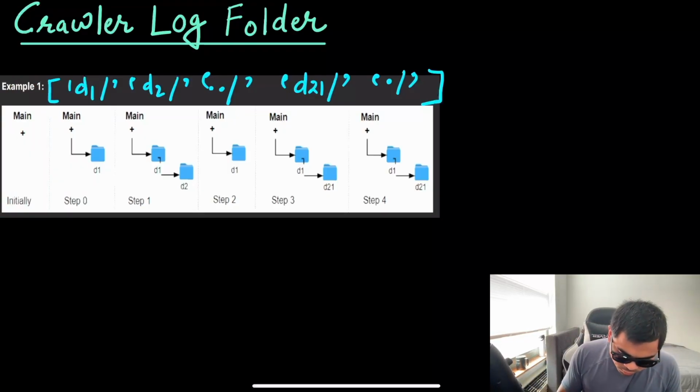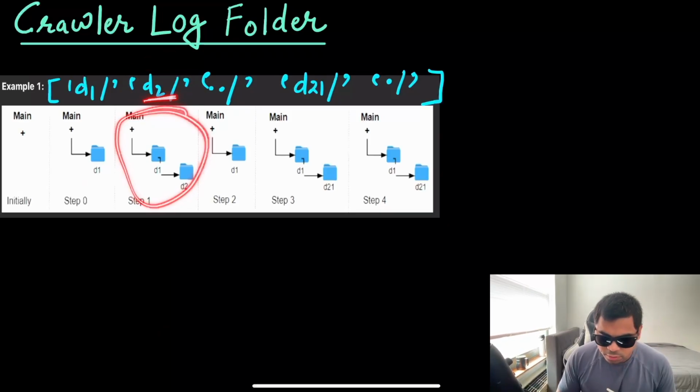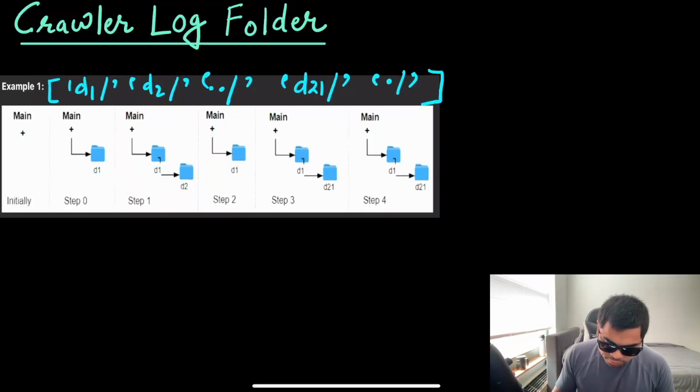And then once we perform this D1/, that means we are going from main folder into D1, and then once we are in D1, we perform D2/. So this is the state after performing this particular log. And then after performing ../, that means we came out from D2 back to D1, because this brings you back to your parent folder.